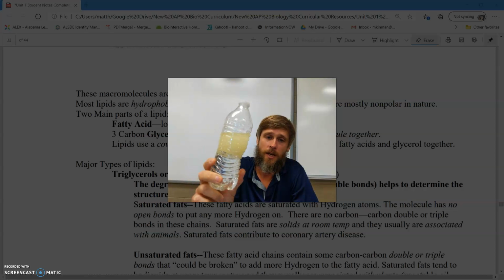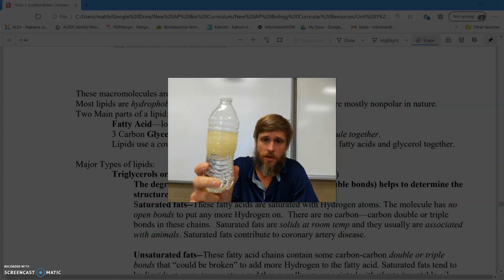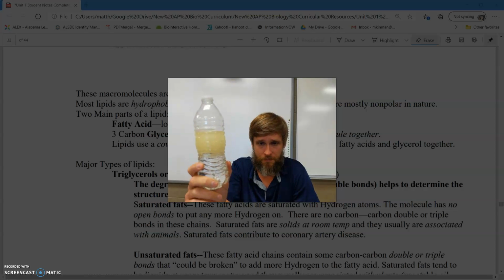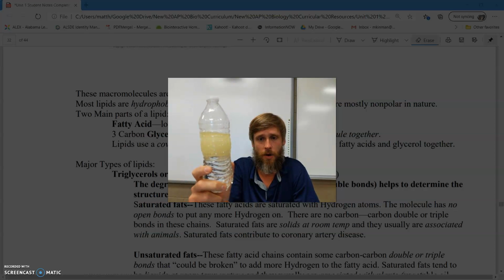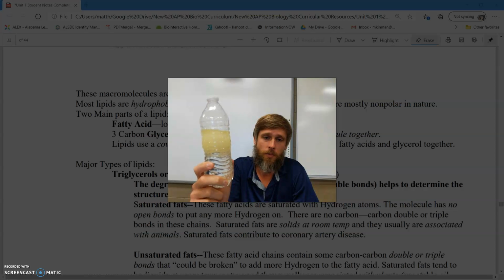That's why if you get oil in your clothes, you have to get something that is nonpolar to get it out. Now, one thing that could help is using a surfactant. As you know from the water properties lab, hopefully you looked up and did a little bit of research, what causes detergents to break the surface tension of water?